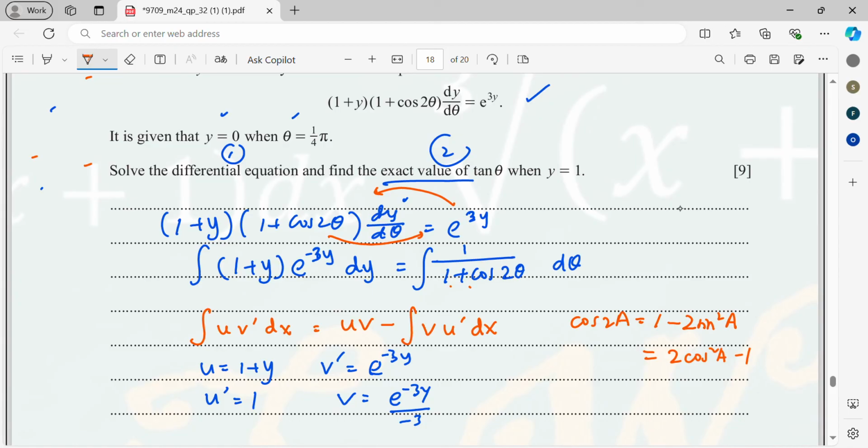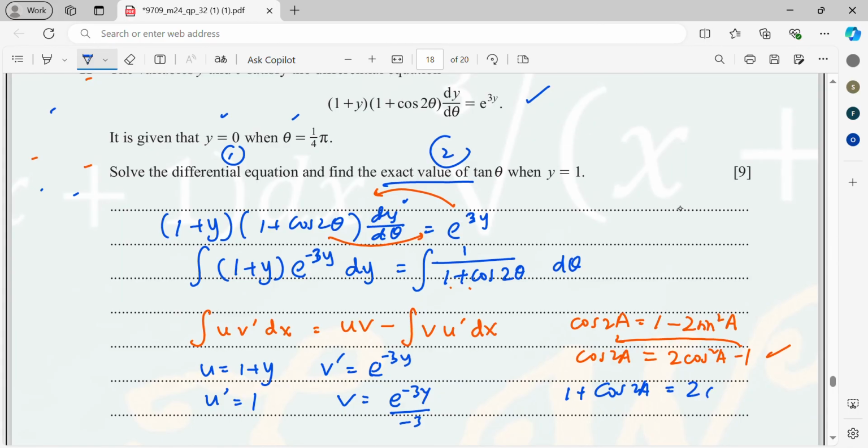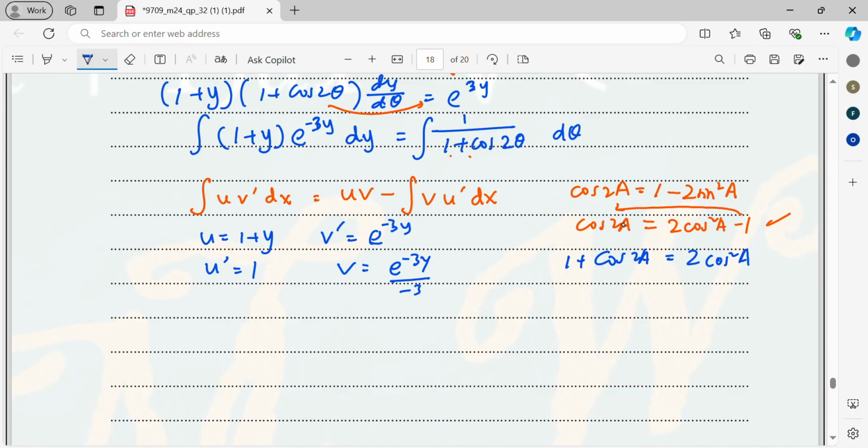But then we need 1 plus, so I have to choose the second form. So that this minus 1 moves to the other side and becomes 1 plus. So which means now I will be getting 1 plus cos 2a, that is 2 cos squared a. Okay, so when you compare, it means that your a is theta.